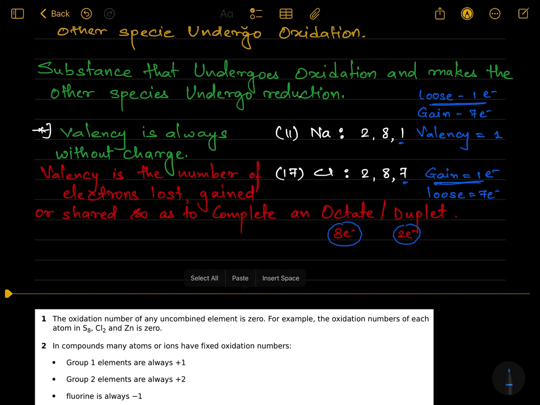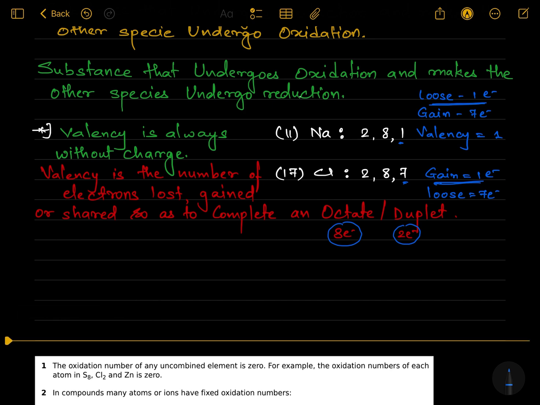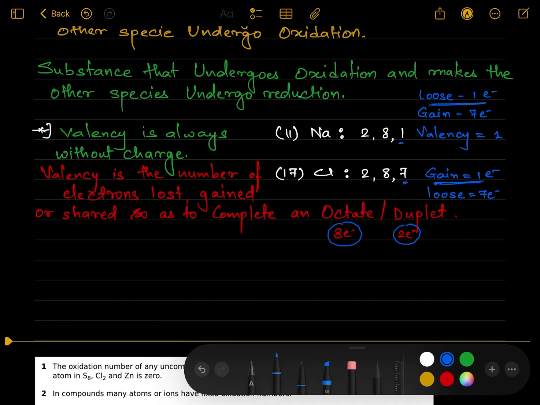Oxidation number is nothing but the charge. Understand, because the atom is losing or gaining electrons, definitely it would get some charge, right?